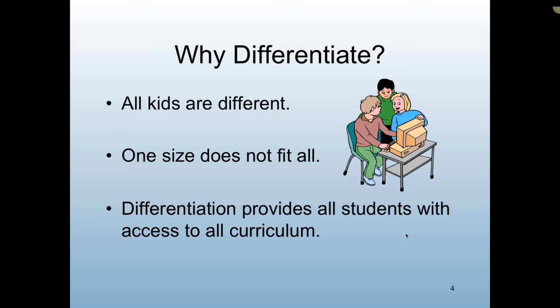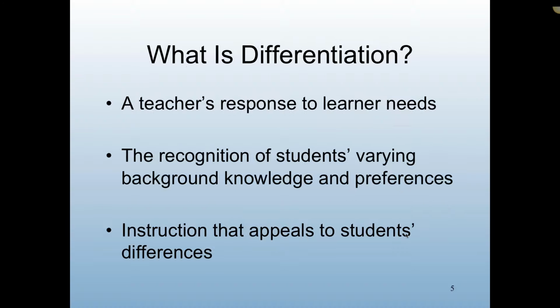So if differentiation is done well, it will give students access to the curriculum. It means that everybody won't be doing everything in the same way, but in the end, everybody will have been exposed to the curriculum. Will everybody know it in the same way? No. Can we expect that? Probably not.